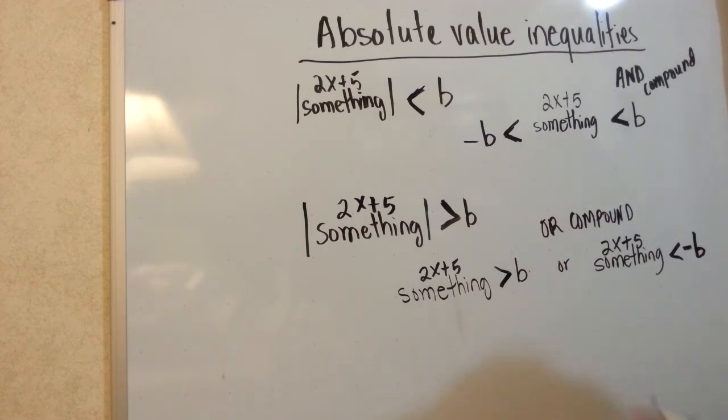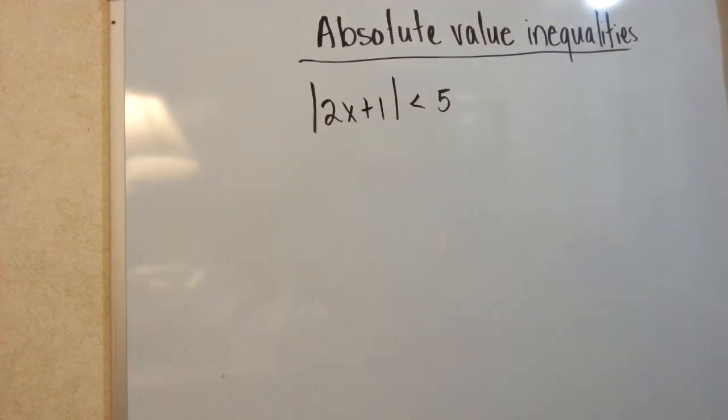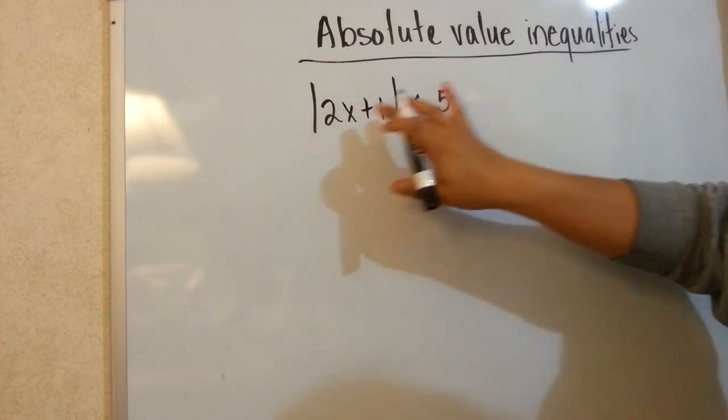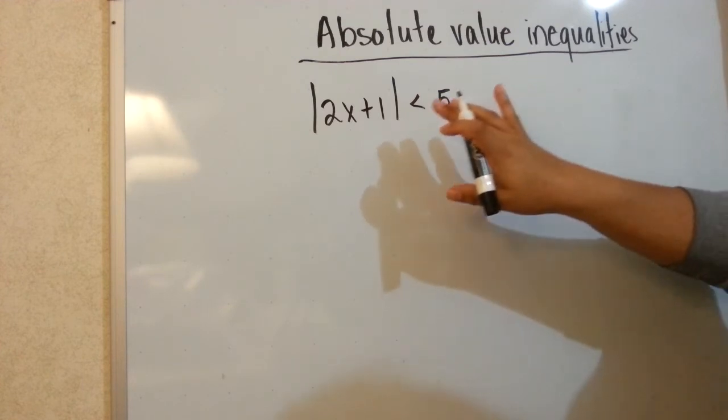So go ahead and write this down. We're going to do an example to illustrate this. So let's say that you're asked to solve this one: the absolute value of 2x plus 1 is less than 5. Well, it's an absolute value inequality, and this is less than.